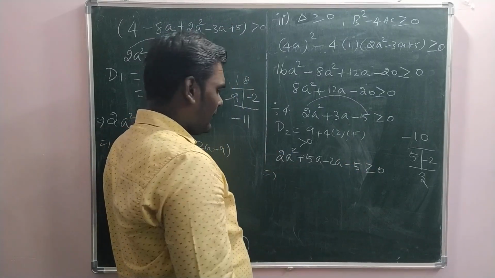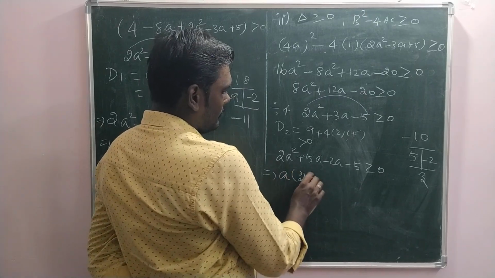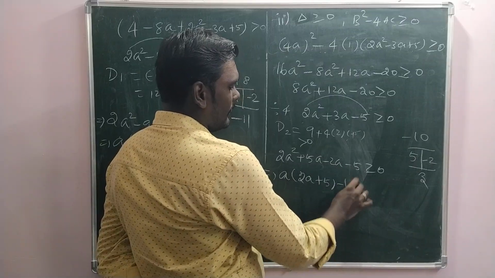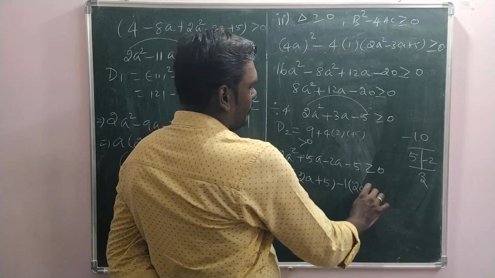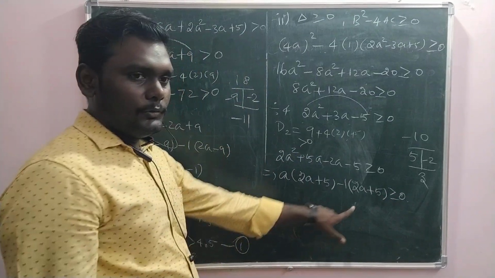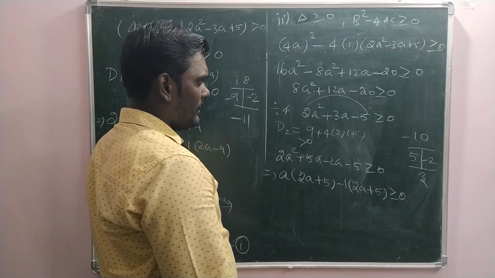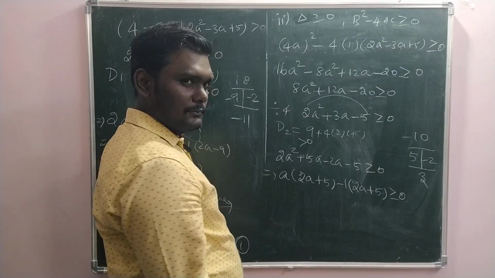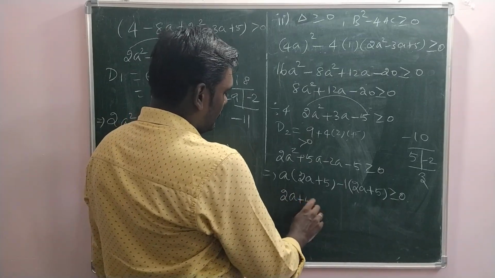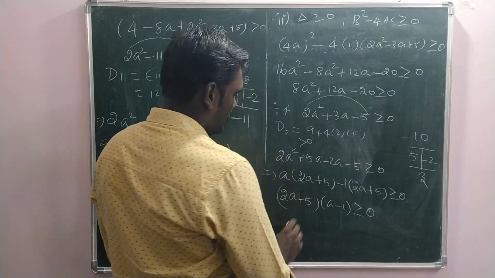We will see where it is greater or equal to 0. From these two, a can be taken out. So it is 2a plus 5. From these two, minus 1 can be taken out. So we will be having 2a plus 5 into a minus 1, which is greater or equal to 0.